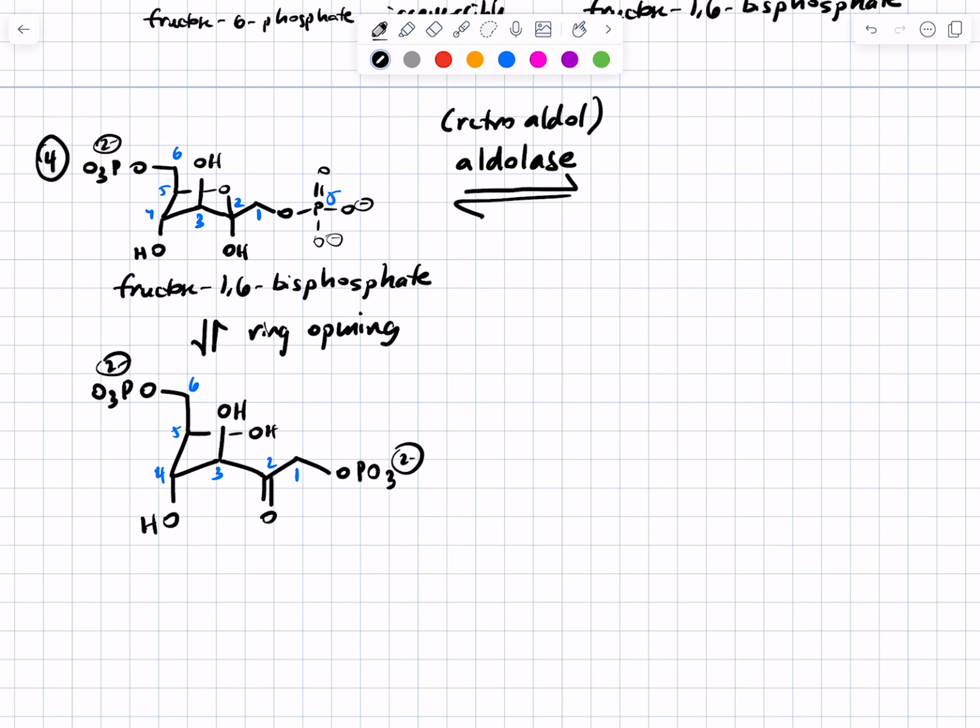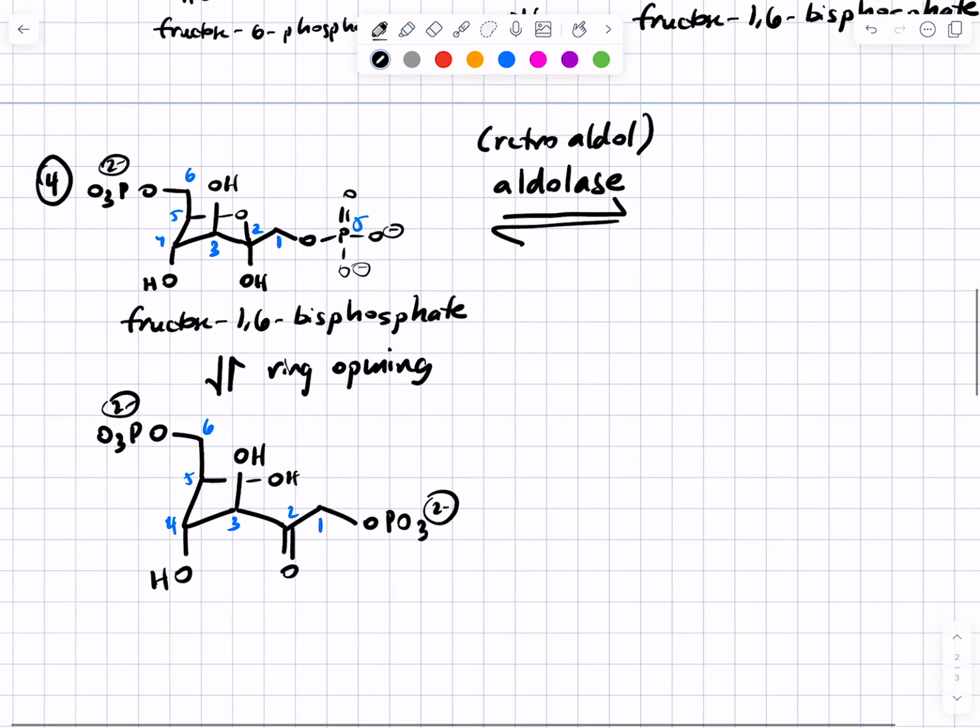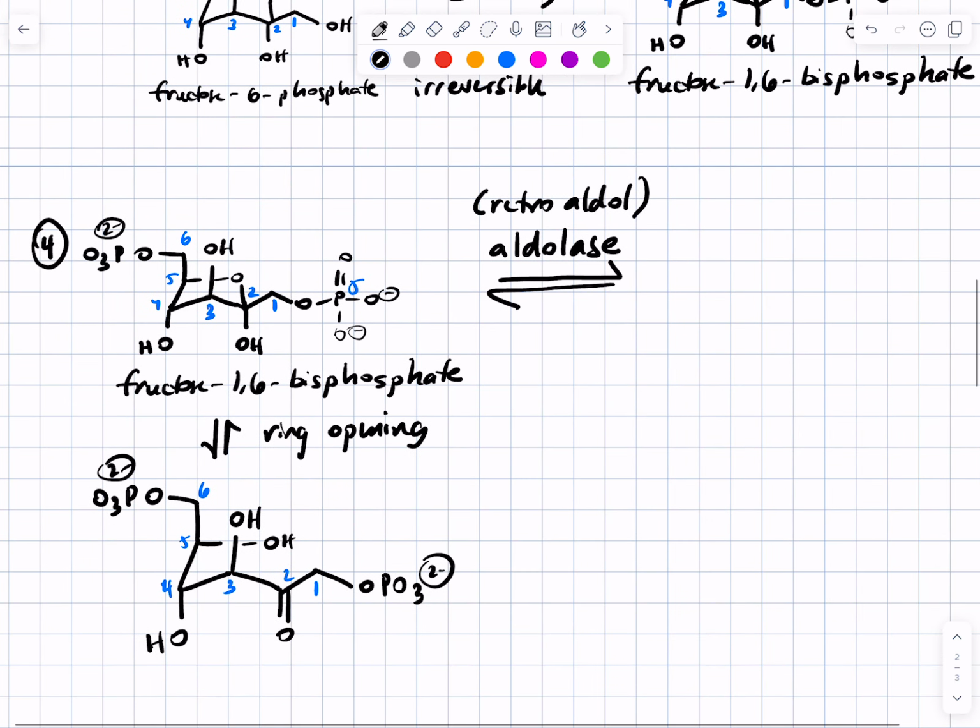The aldol reaction is a reaction between an enolate and a carbonyl. And the product of an aldol reaction is a beta-hydroxy carbonyl compound. So a retroaldol would start with a beta-hydroxy carbonyl compound and go back to the enolate and the carbonyl.